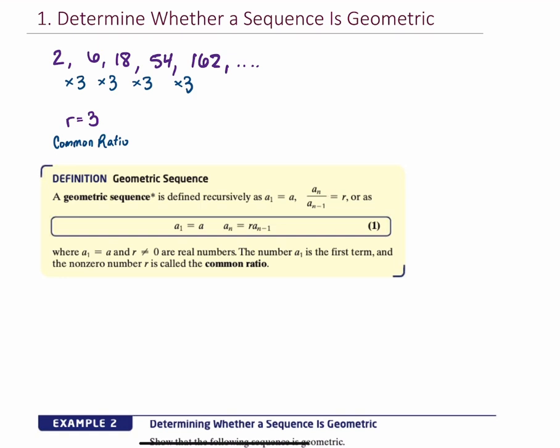And so we can define this recursively. We could say the nth term of a geometric sequence should just be the previous term times r. So we can write that as r times a sub n minus 1. So that gives us our recursive formula.